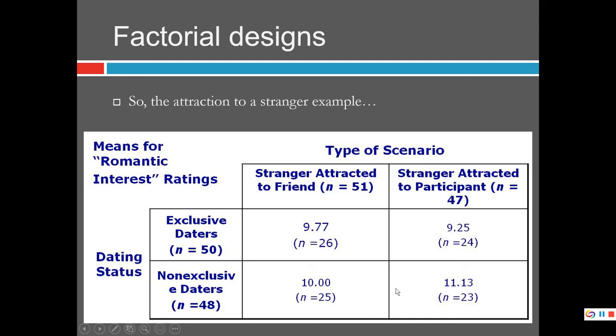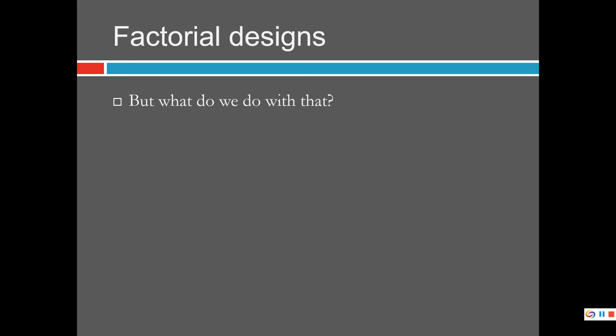Like, which comparisons are worthwhile, or are there ways that we can look at just the effect of the type of scenario, or just the effect of dating status, or how do they combine together, right? So I want to break this down into how exactly you can think about these things. Some more rudimentary ways of doing it, and then talking about some more, let's say, official ways of doing it through statistical testing.